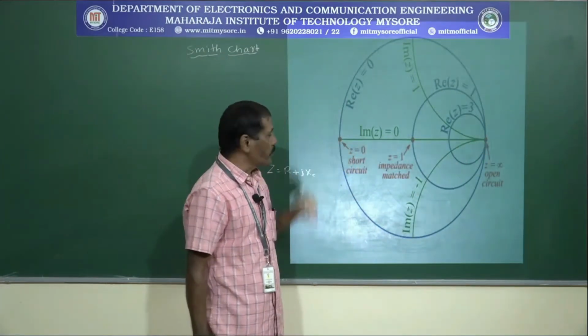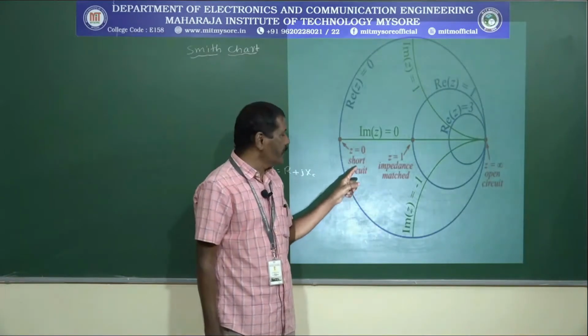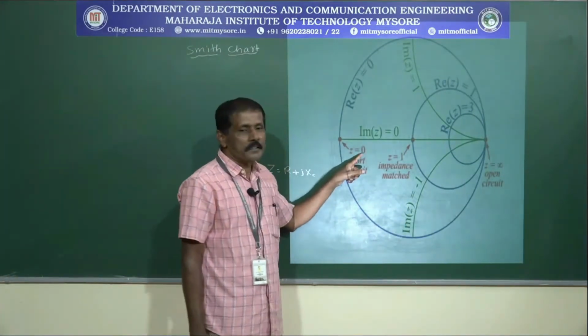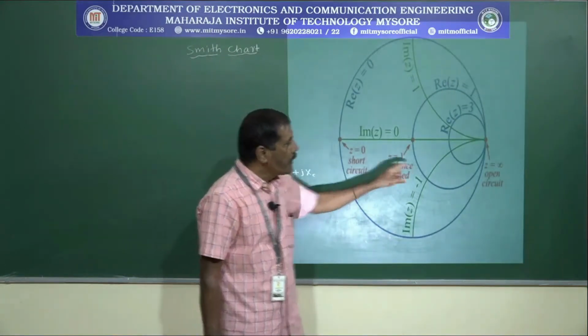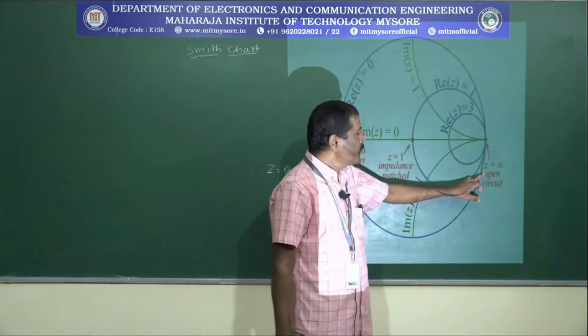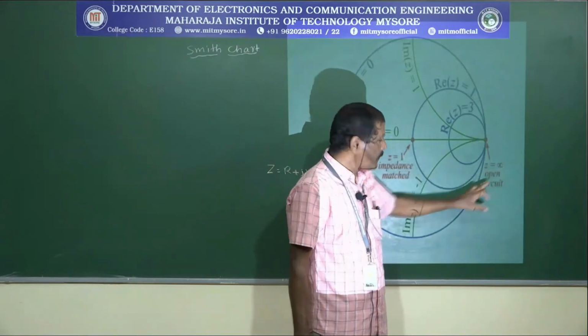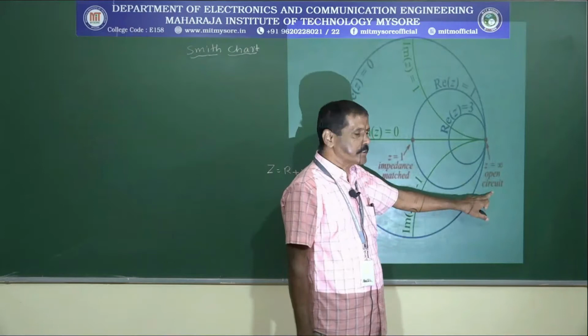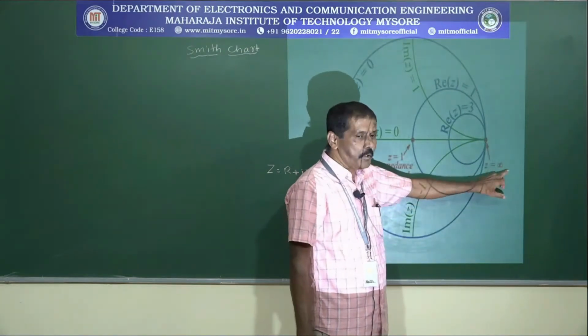At the left hand side a dot has been shown, which we take as the short circuit point. Wherever a short circuit is there, the impedance is equal to 0. On the right hand side, we have Z equal to infinity, which we take as the open circuit. Whenever there is an open circuit, the impedance is equal to infinity.